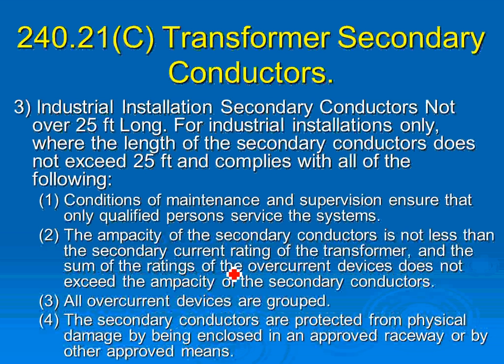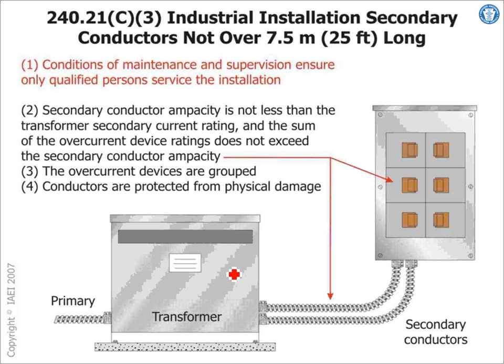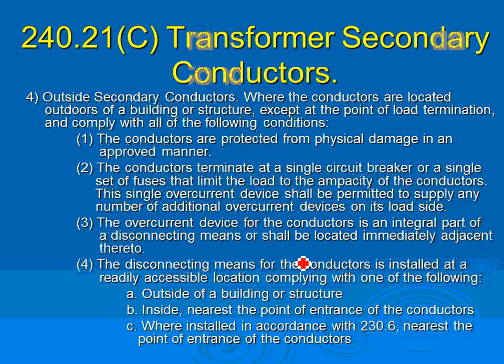Transformer secondary conductors, 25 feet. The same requirement, guys. The overcurrent device, and the sum of the overcurrent devices does not exceed the secondary conductor ampacity. When you land them, the sum of the overcurrent devices does not exceed the secondary conductor ampacity. But for field installation, you use the 1/3.